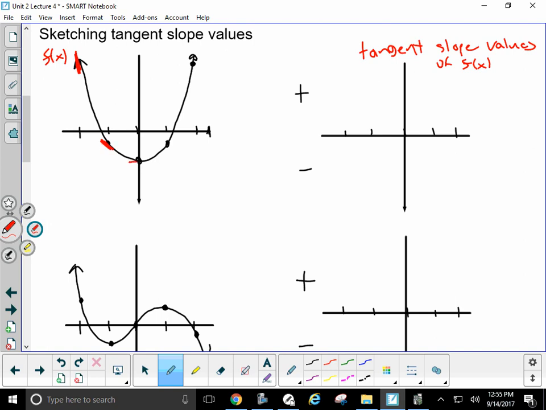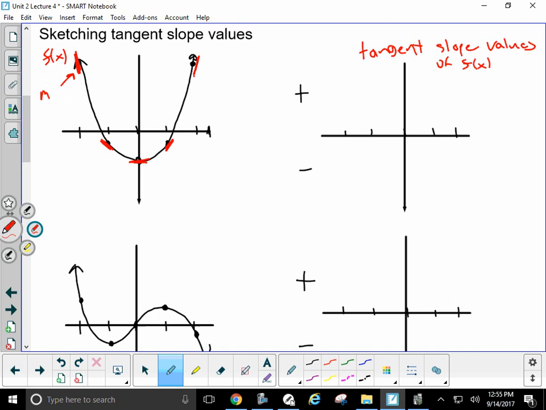Now, if I knew this equation, eventually I'd try to find out what this exact value is. But for right now, I'm just going to go ahead and approximate the value of this slope. Okay? Now, discuss with your neighbor, what type of value would you see with this slope?